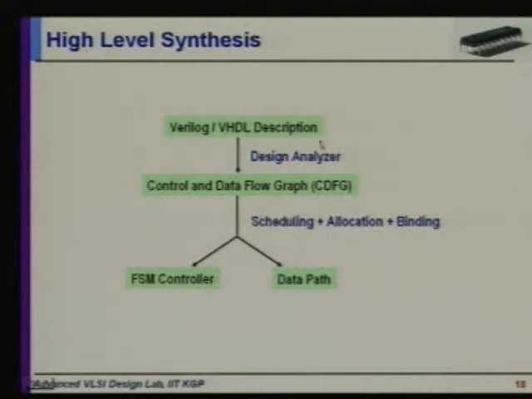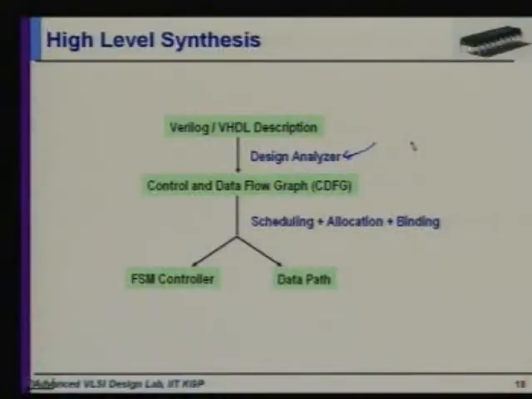I take a description in Verilog and VHDL, then there is a design analyzer. This design analyzer parses the circuit description. So it's a compiler or parser for Verilog, VHDL or SystemVerilog, but it also does a lot more. It creates what is called a control and data flow graph. So it actually takes care of the sequence of operations that you are doing in your RTL and builds a graph from that.